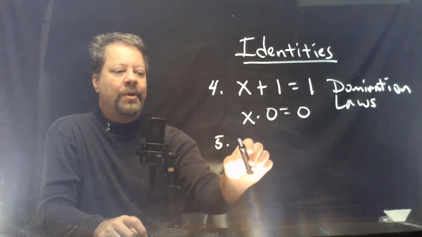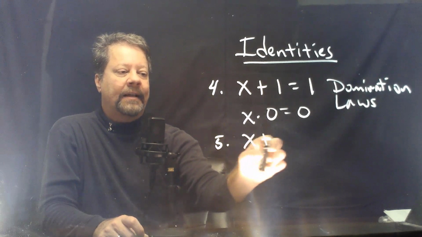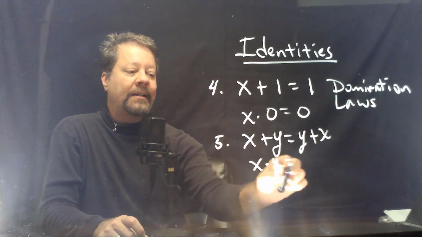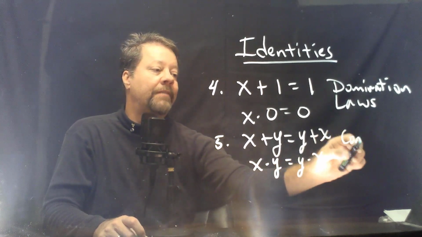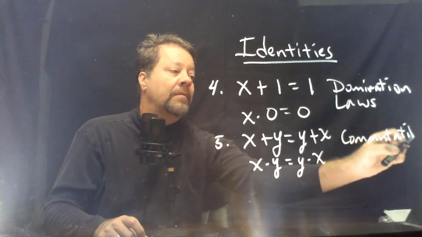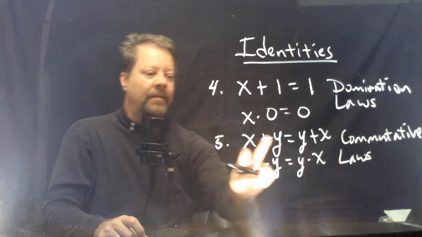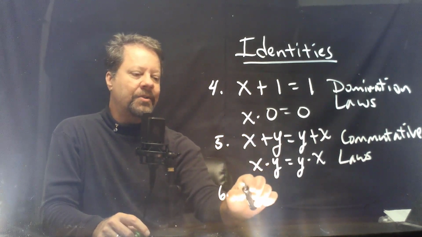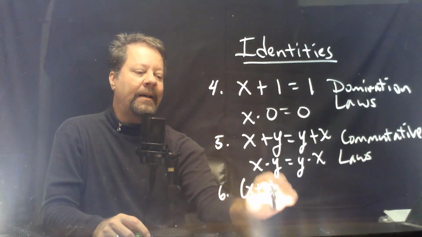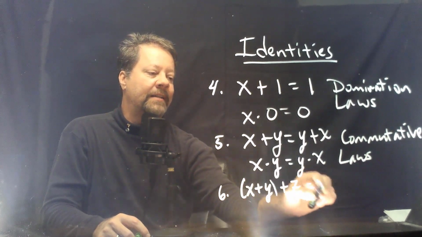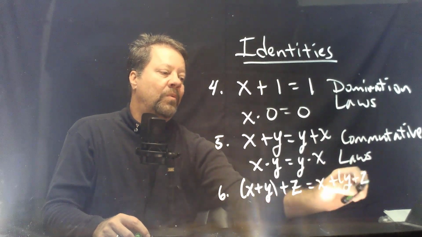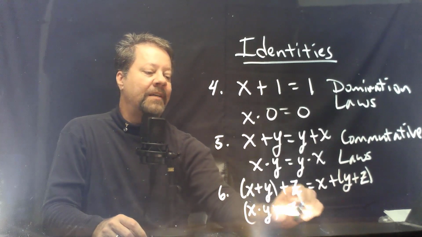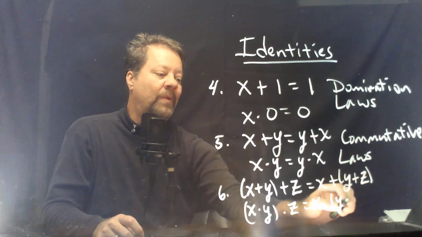We have, of course, the commutative and associative laws. X plus y is y plus x. X times y is y times x. These are your commutative laws. The terms commute, they move around. And we said there are associative laws. X plus y plus z will be the same thing as x plus y plus z, and x times y times z will be the same thing as x times y times z.